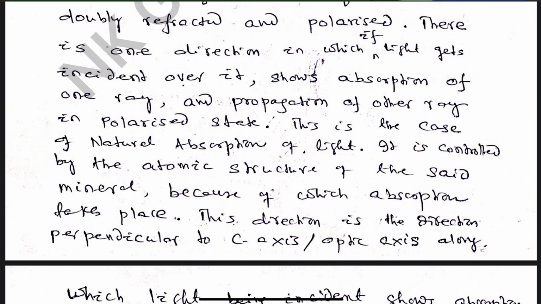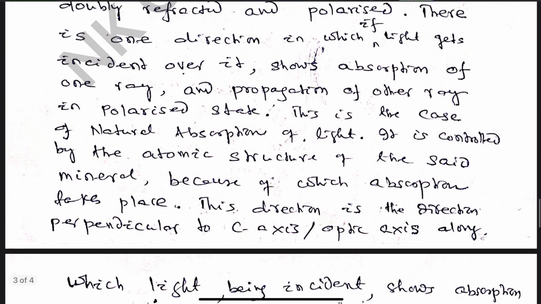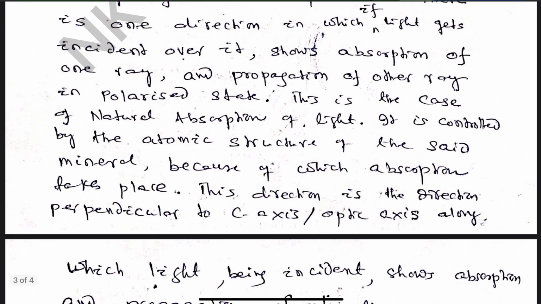So this is all about polarization that I wanted to discuss, and I think I have tried my best to explain how polarization takes place and why polarization is required for optical study of rocks and minerals. Because the minerals present different atoms in different atomic planes.